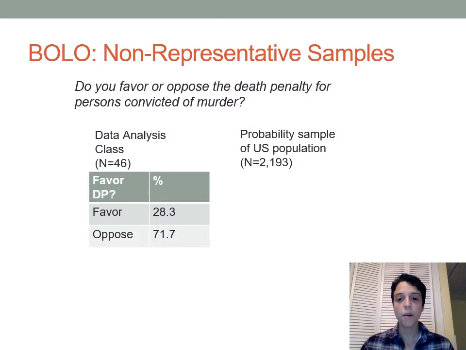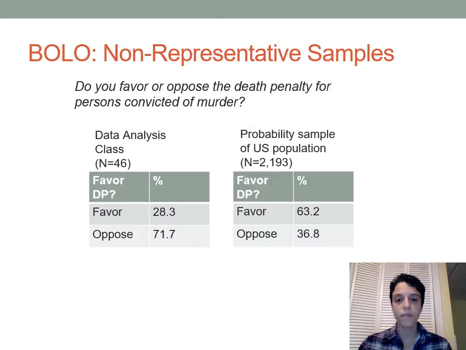And if you look at a probability sample of the US population, you get a completely different story. And I think this data is from 2018, but it'd be about the same now, where 63% of the US population favors the death penalty and 36.8% oppose it. So it's totally flipped. And what's going on here is that Rutgers data analysis students are not representative of the US population.